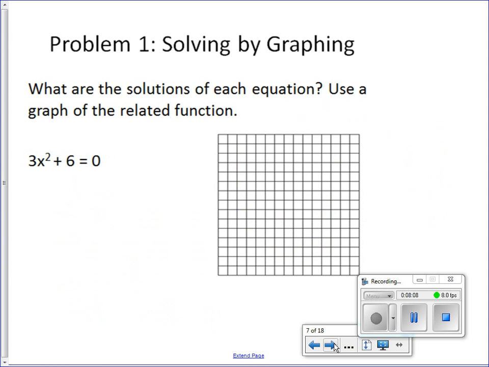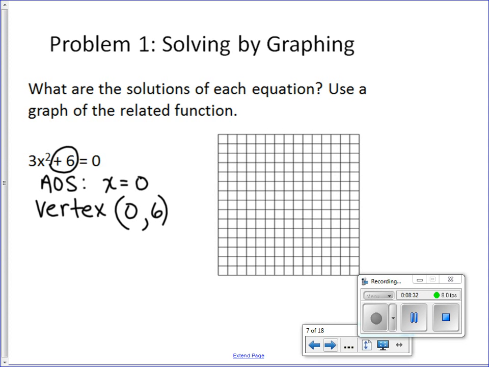In our next example, we have our axis of symmetry, because there is no b term, is x equals 0. Our vertex is going to be 0, and in the equation we see positive 6 for our y. So 0, 6.